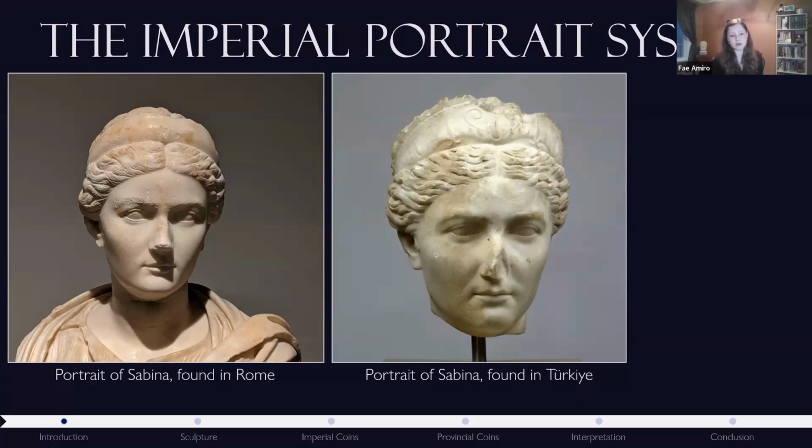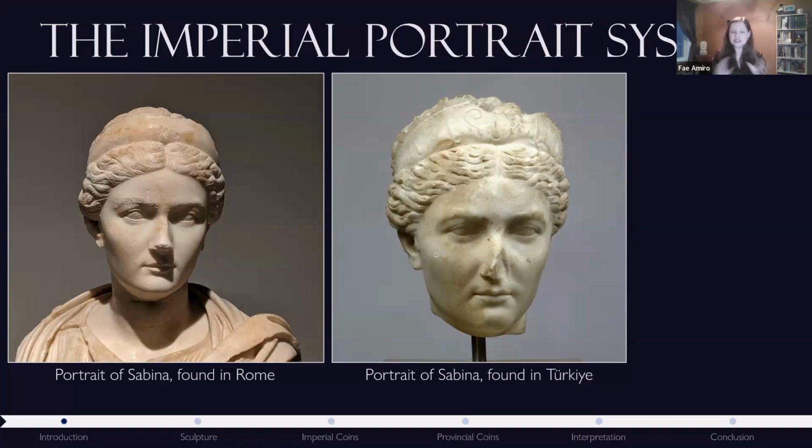Unfortunately, most of our portraits that survive today have been removed from this context, therefore removing the primary means of identifying them. We can still identify many of these through comparison with other portraits that look similar. So these two examples on the slide are two portraits of the Empress Sabina, one found in Rome and one found in Turkey.